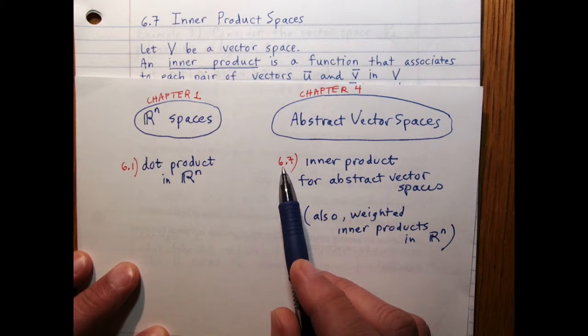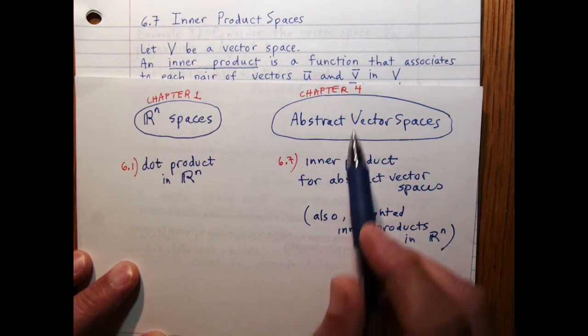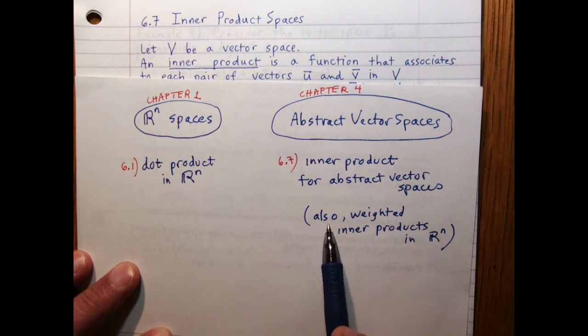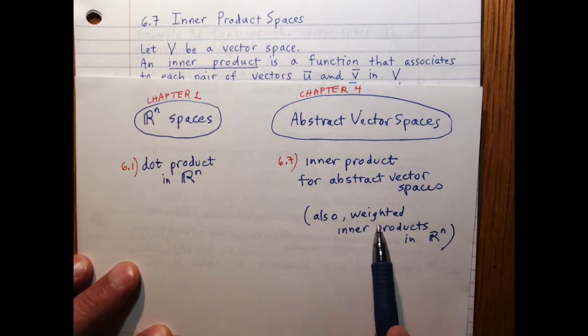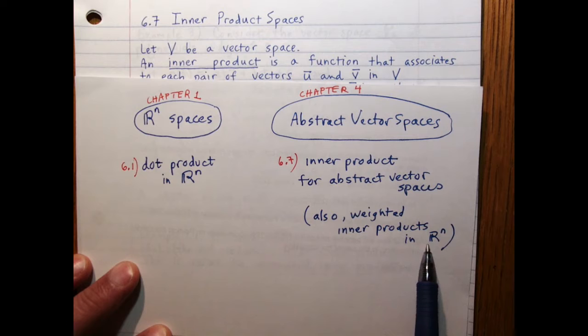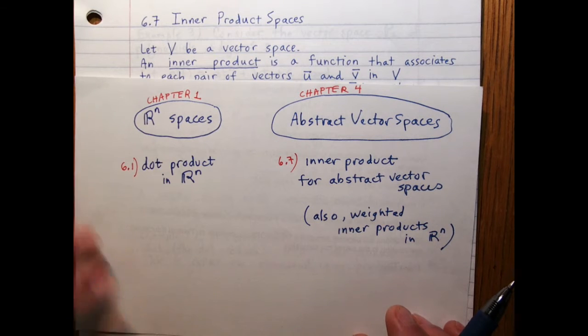So what we're doing in 6.7, we think of as applying to our chapter 4 abstract vector spaces. But we're going to see that we also have alternative inner products that apply to the Rn's. So sometimes even Rn's have these inner products that are different from the standard dot product.